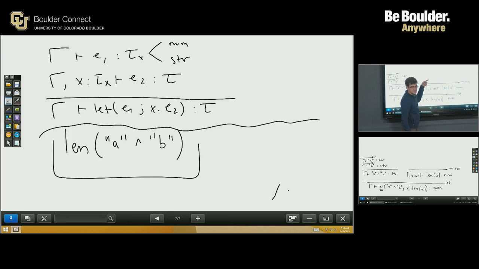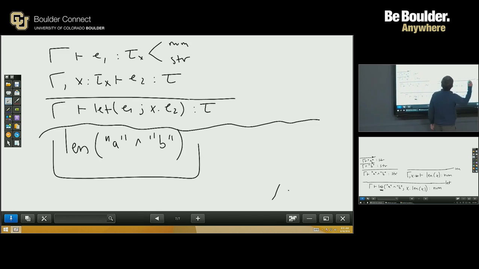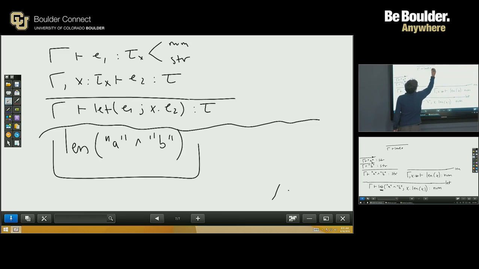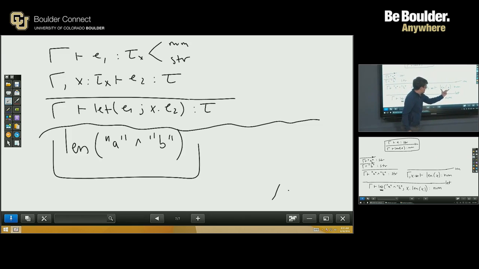So what do I write as a hypothesis here so I can be done with this derivation? You have to remember what the typing rule for length was. Maybe I can write that up here. It's the length rule. So I want to apply this rule because length is the thing that I've got here in the conclusion.